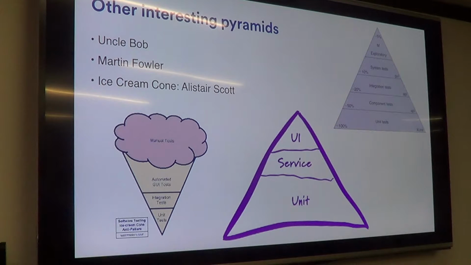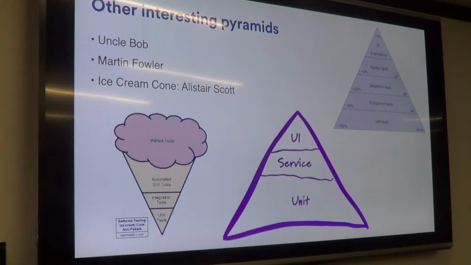As I said, it's not something we invented at Atlassian. These are some other test pyramids out there. The one on the right, I think, is from Uncle Bob, who you've probably heard about. He was one of the agile software development guys, and he wrote the book Clean Code and promoted extreme programming, I think.